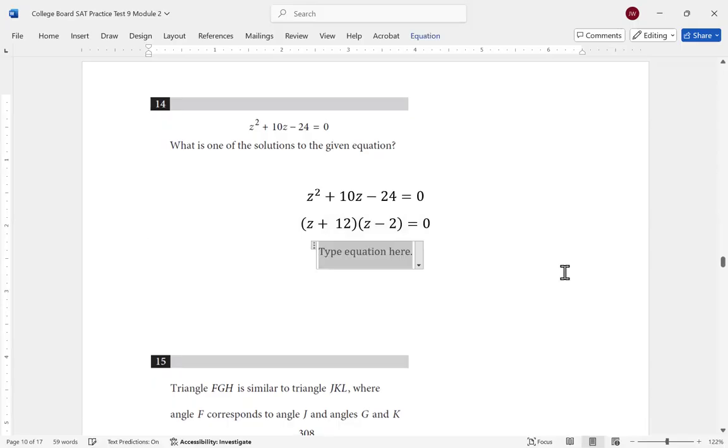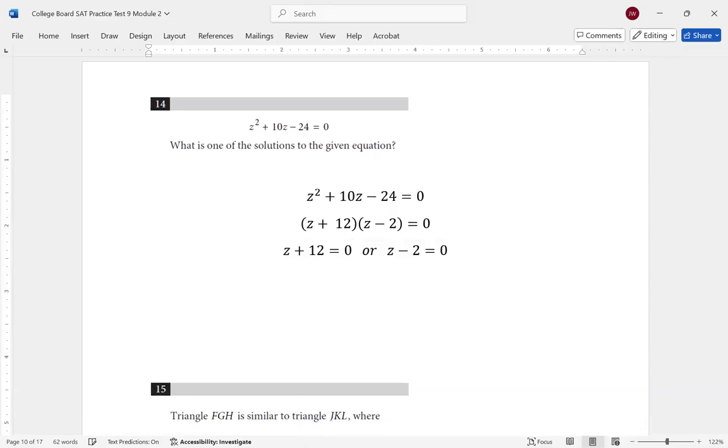So I can use the zero factor property to say that z plus 12 has to be 0, or z minus 2 has to be 0 in order to make this equation true. Subtracting 12 from both sides gives you z is equal to -12, or adding 2 to both sides on the second one gives me z is equal to +2.